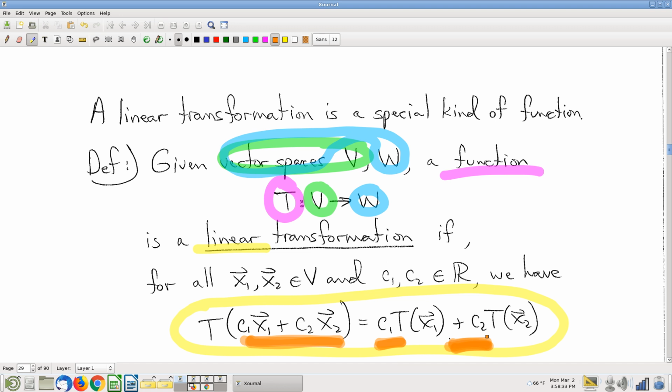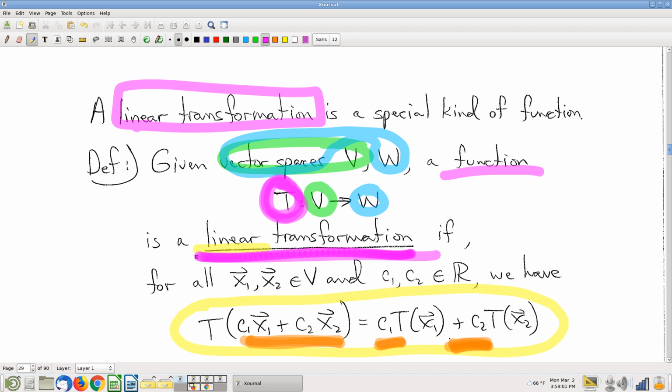And we talked about how if you put a linear combination of inputs into that row, you get the exact same linear combination of the corresponding outputs. So that's this exact same notion of linearity. All right, so we've used it before. We just never got around to defining this word, linear transformation. These functions are linear transformations.